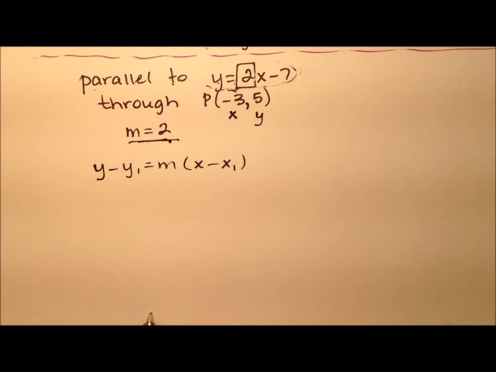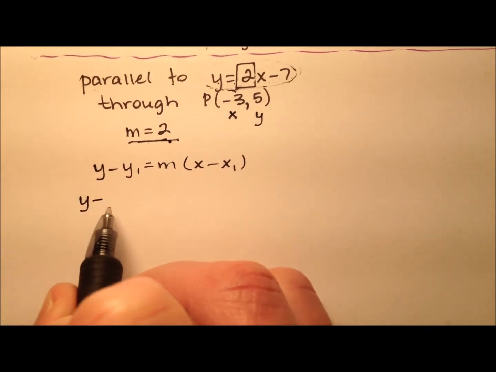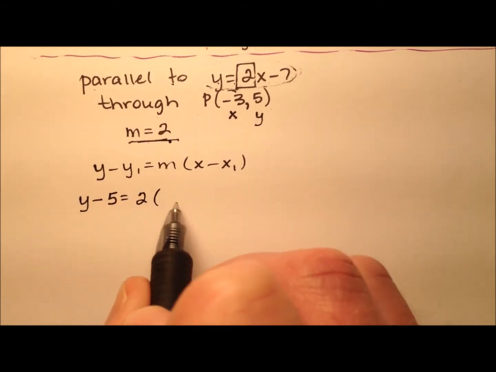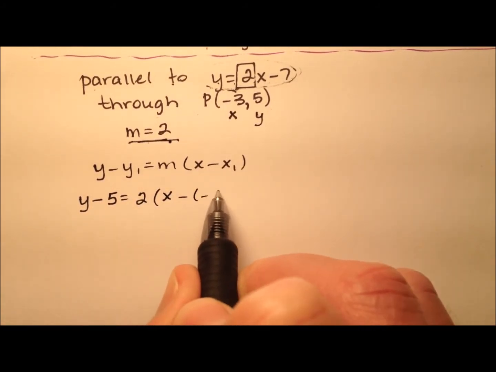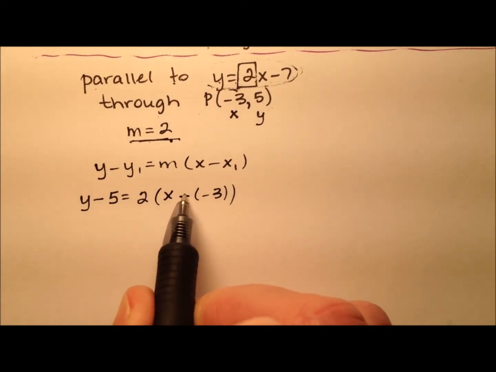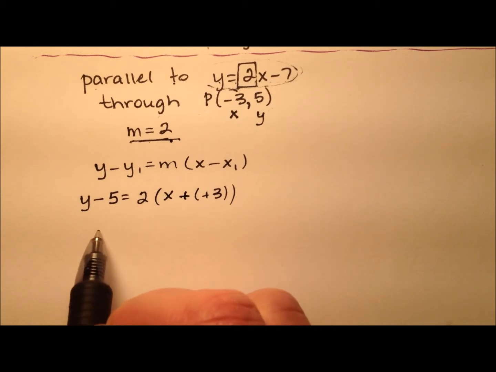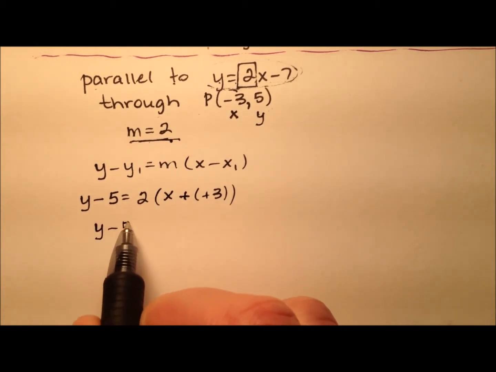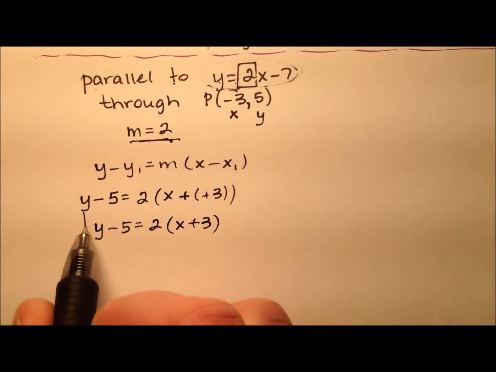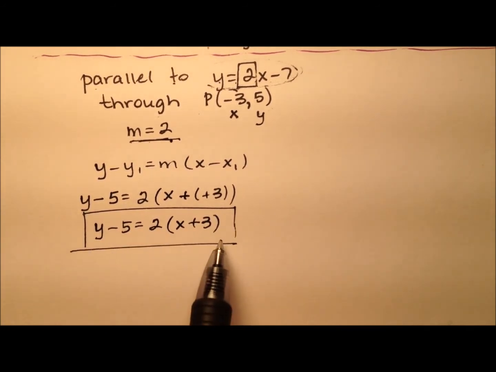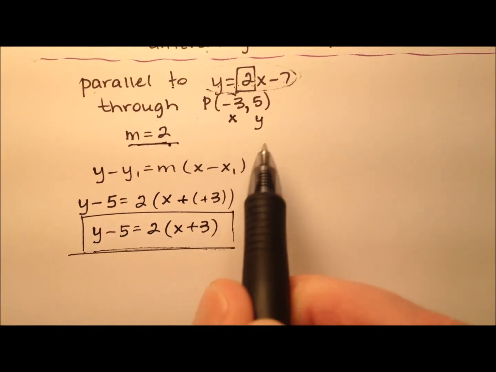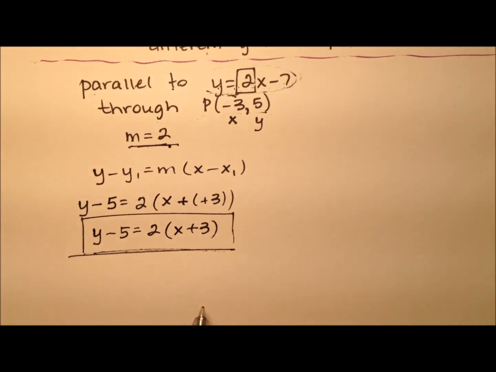So y minus 5 equals 2 times x minus negative 3. Since I'm subtracting a negative, I'll make that an addition problem. So y minus 5 equals 2 times the quantity x plus 3. This is the equation of the new line. It's parallel to y equals 2x minus 7, but it passes through this point P.